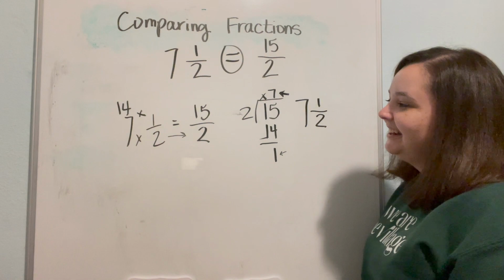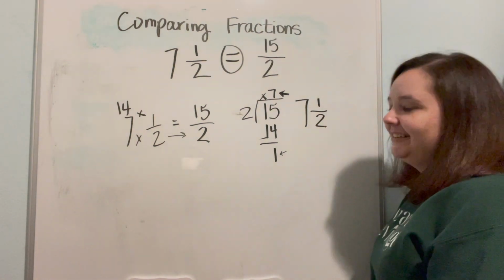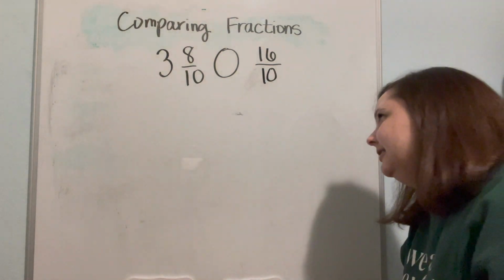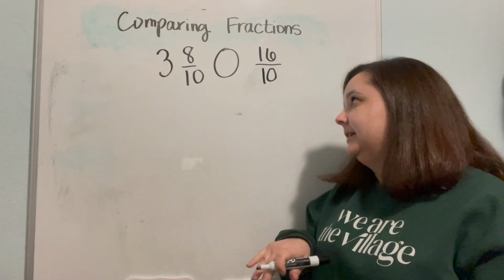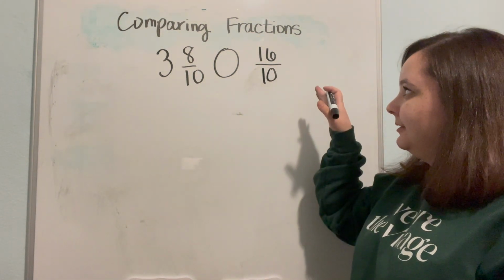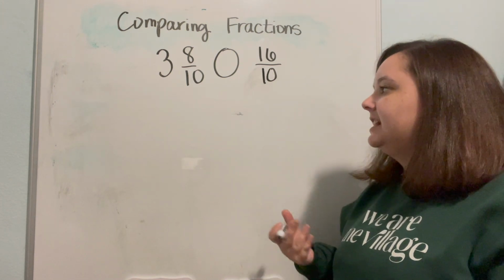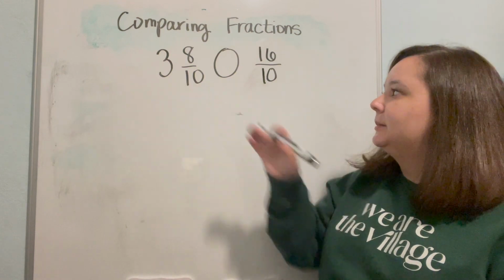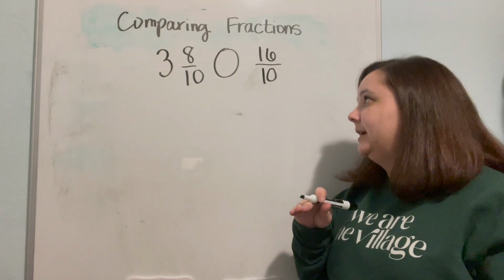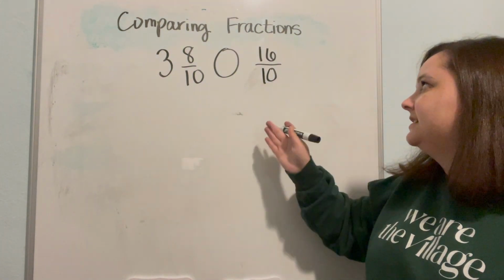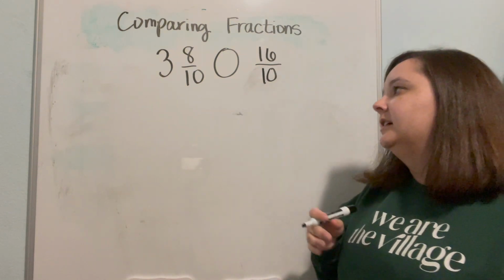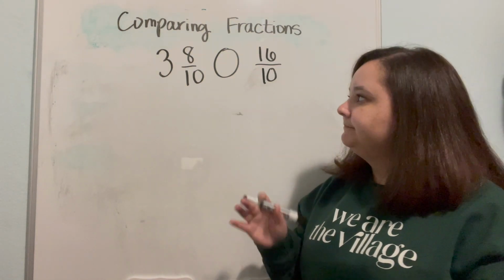All right, let's go ahead and try it with some fractions that are not equal, just for funsies. All right, so we are going to compare our mixed number of 3 8/10 to our improper fraction of 16/10. I'm going to start by converting my mixed number here into an improper fraction to make it easier to compare. But then just for funsies, I'm also going to do 16/10 into a mixed number, just to see it both ways.